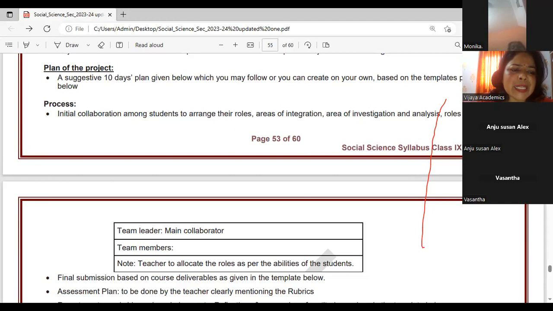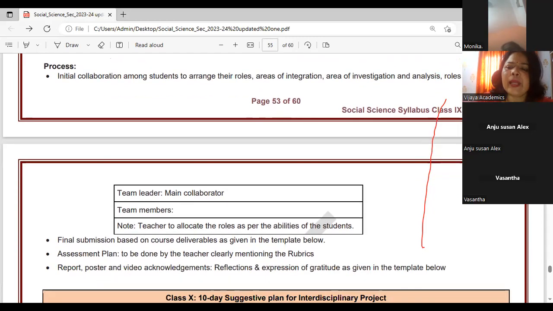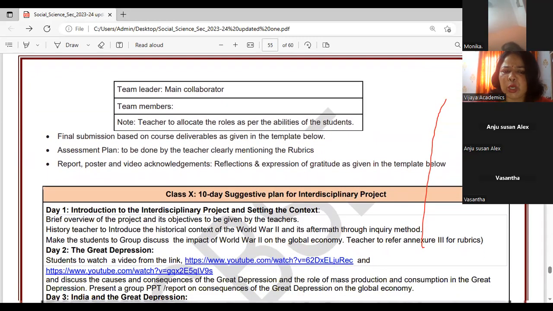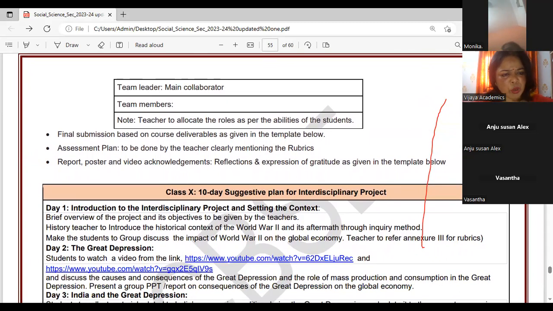Now, next is what is the process? Initial collaboration among students to arrange their roles, areas of integration, areas of investigation and analysis, role of student. That means you are going to divide your class into groups. One team will have a team leader and team members.